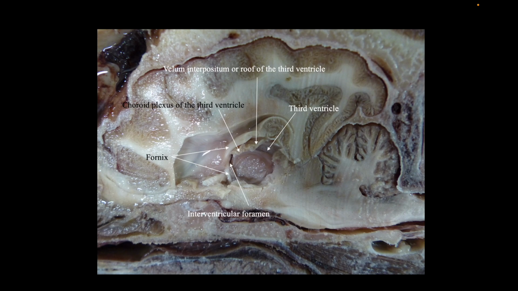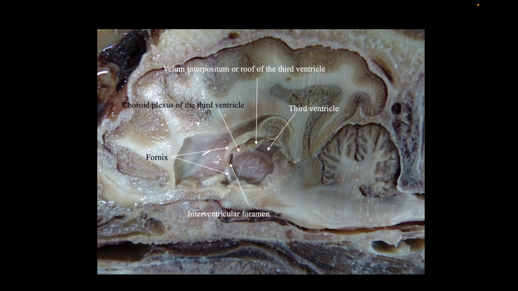So now we make a sagittal section, better. You can see that this section is taken at the level of the interthalamic adhesion. So you see the velum interpositum or roof of the third ventricle and the third ventricle.